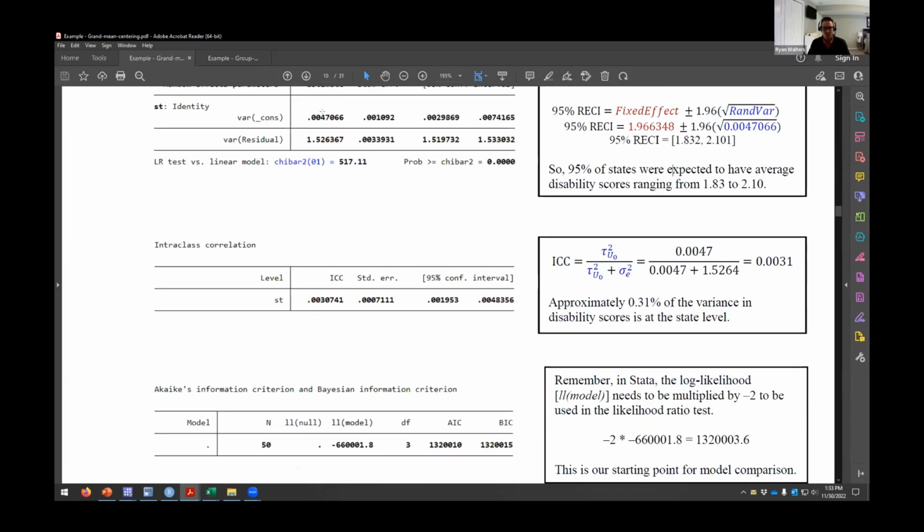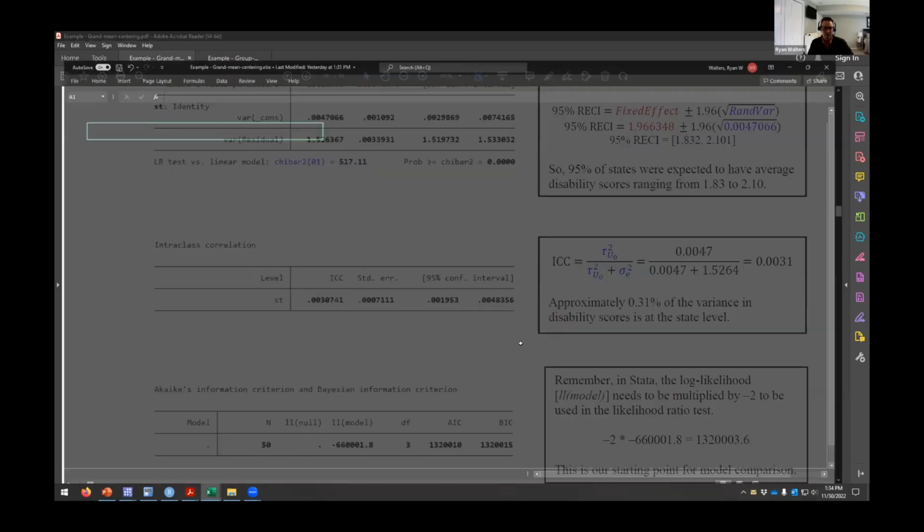So 0.0047066 divided by the sum of 0.0047066 and 1.52. That gives us an ICC of 0.0031. We can multiply that by 100 to put it on the percent scale, but approximately 0.3% of the variance in disability scores is at the state level.